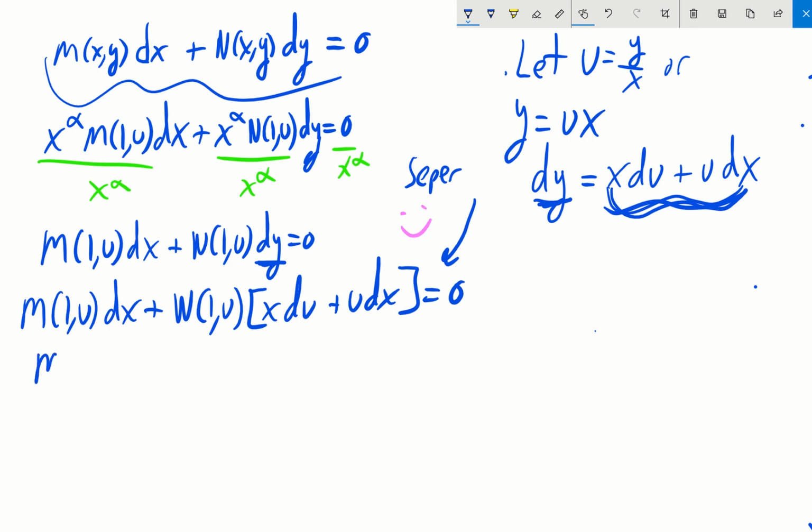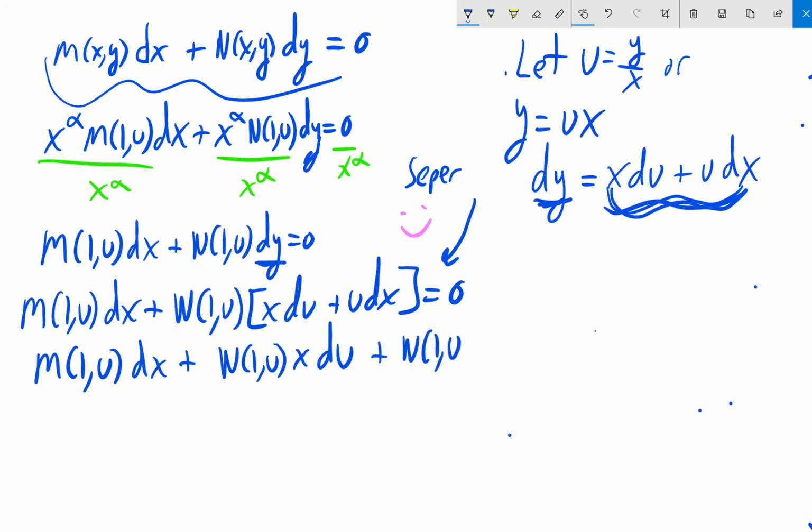Let's simply go ahead and distribute the n of 1 comma u through. We're going to have n of 1 comma u x du plus n of 1 comma u times u dx equals 0. I can get these two things together and factor out the dx.